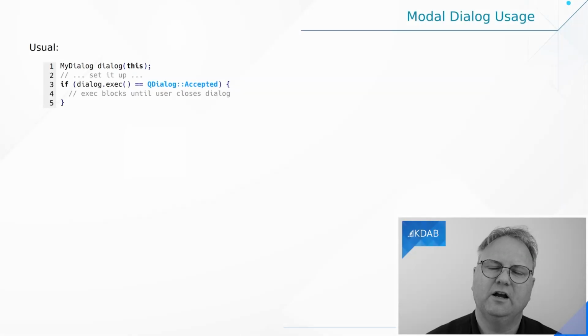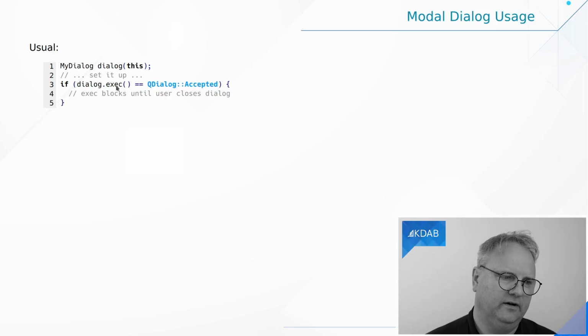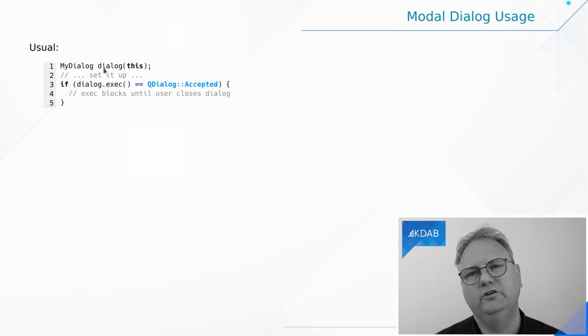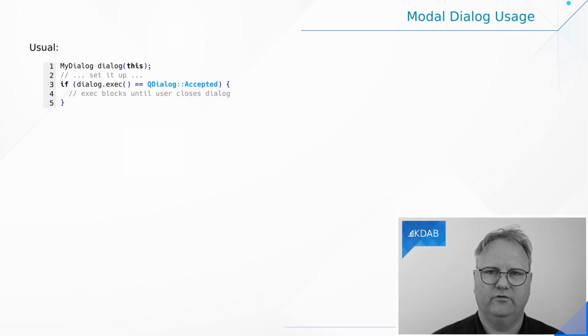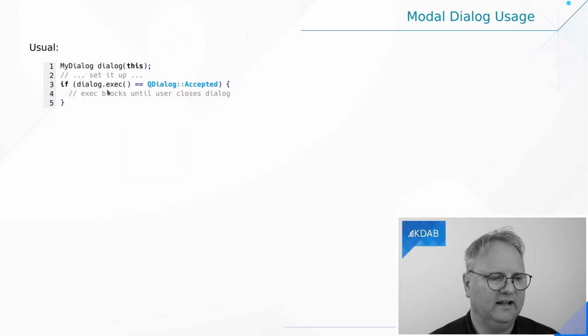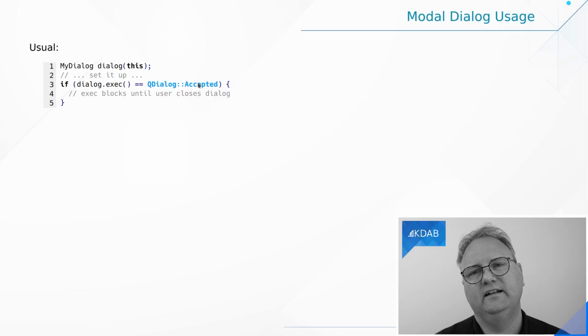To bring up a modal dialog, we just call exec, as you can see in the code here. I create an instance of my dialog, and usually I operate with subclasses of QDialog rather than QDialog directly. I specify this as the parent here, and I'll get back to why that is important shortly. And then I call dialog.exec and test on the return value whether the dialog was accepted, meaning okayed.